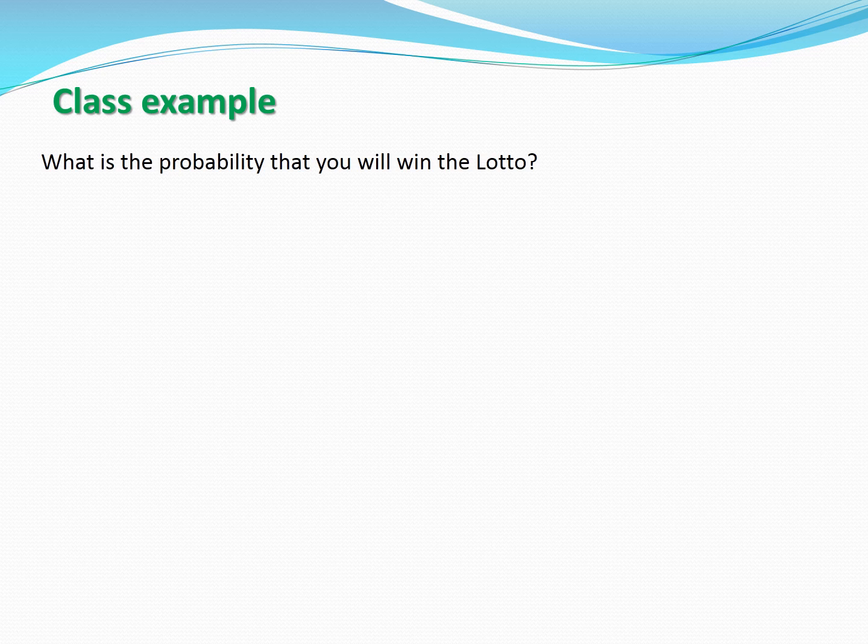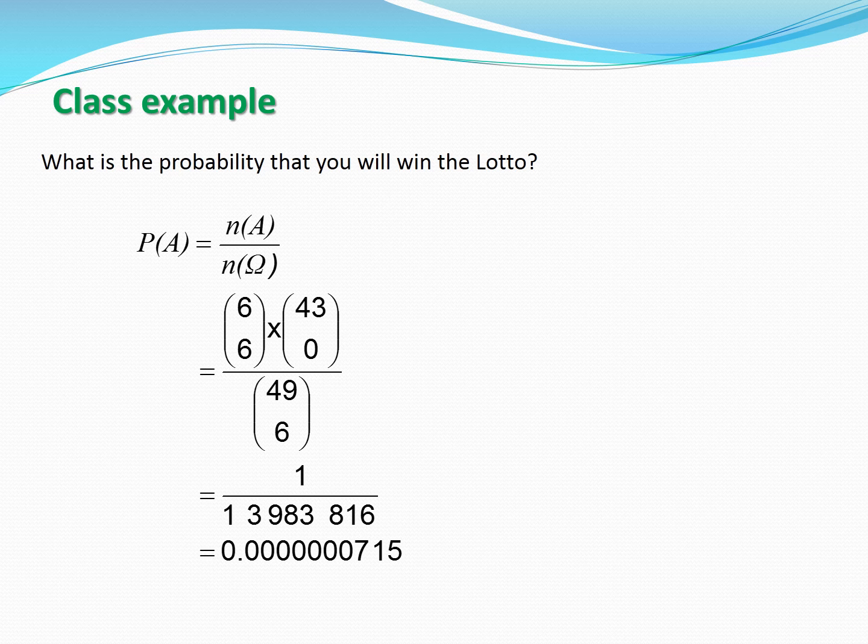So in our probability, we need to determine the number of outcomes in our sample space again and in our event A. In the sample space, you will have 49 combination 6, because you have a total of 49, your N, and you choose 6 balls from there, your R. Then on top, for your number of outcomes in event A, you will use the multiplication rule again because you have 2 combinations.